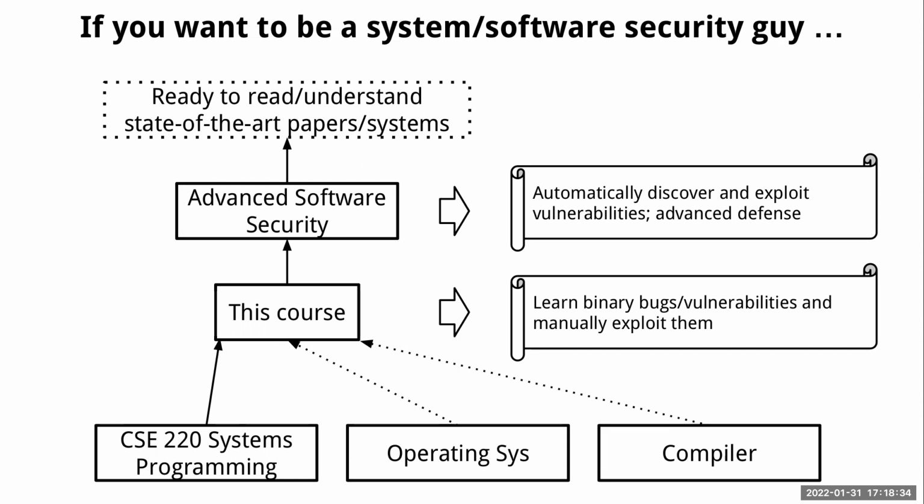A lot of classes cannot fill the gap right now. So my two classes are trying to bring you closer to the frontier. But still, if you finish those two classes and want to do research in this area, you still need to read a lot of papers and a lot of code in software systems to get it.